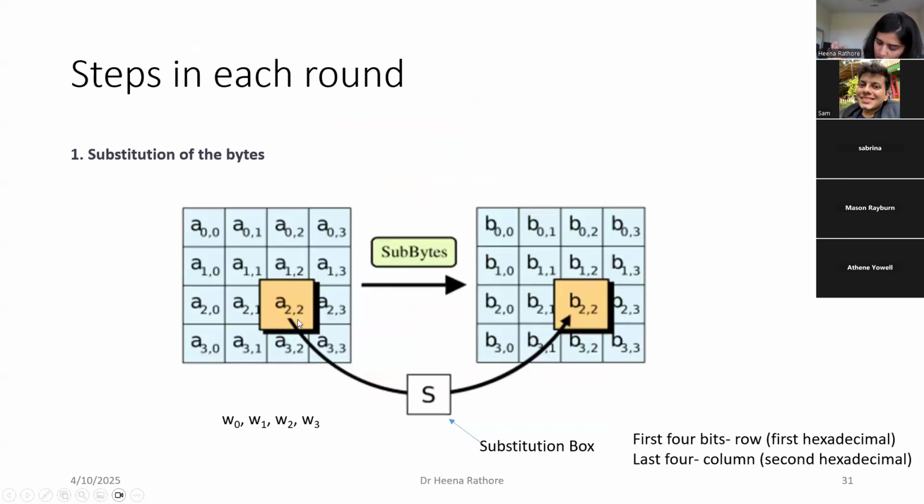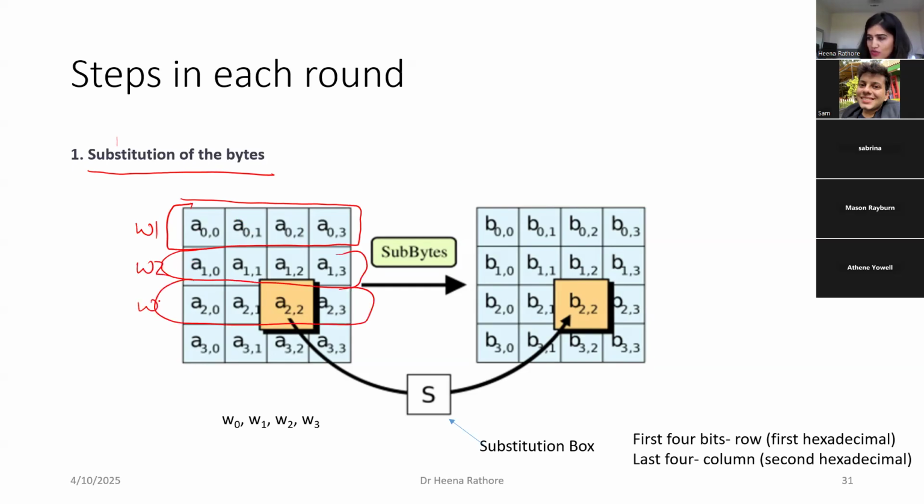So circling back, as I mentioned, each round comprises four specific modules. One is substitute bytes. Here, as I mentioned, you process in words. So this is your word number 1, this is word 2, this is word 3 and word 4.